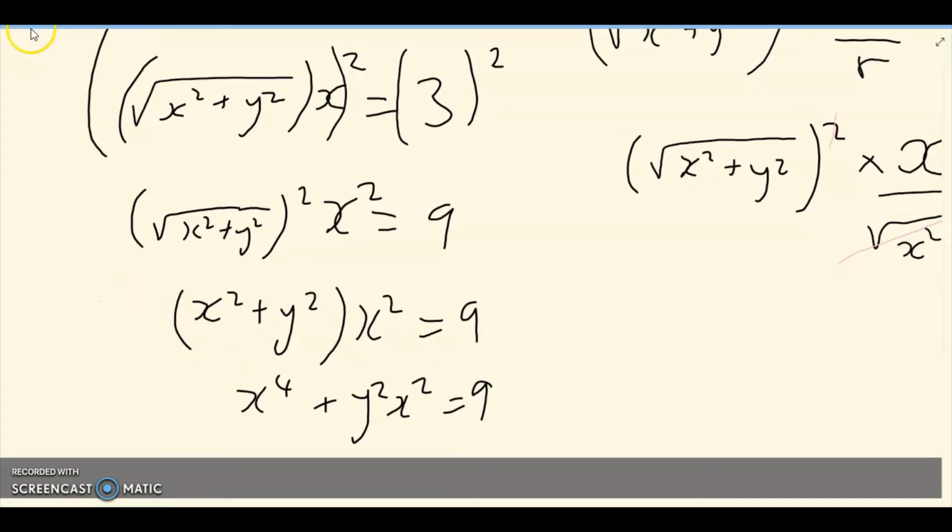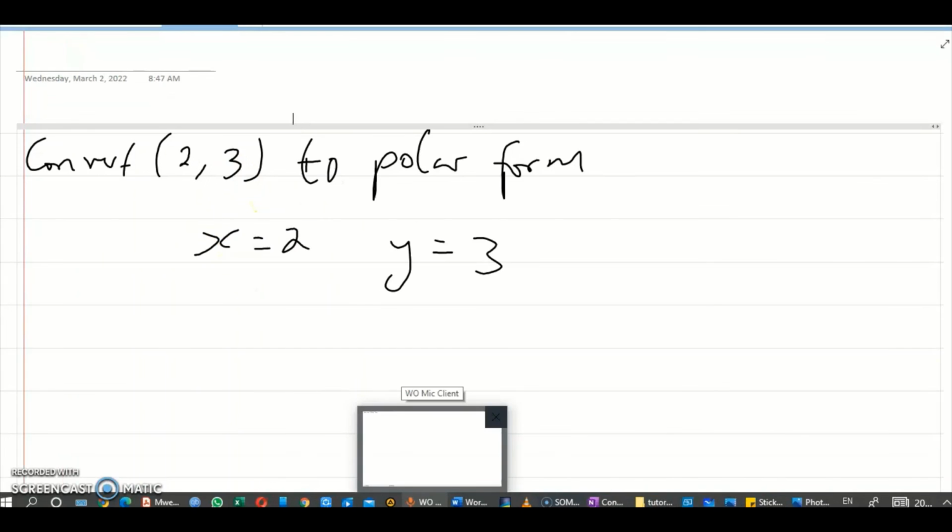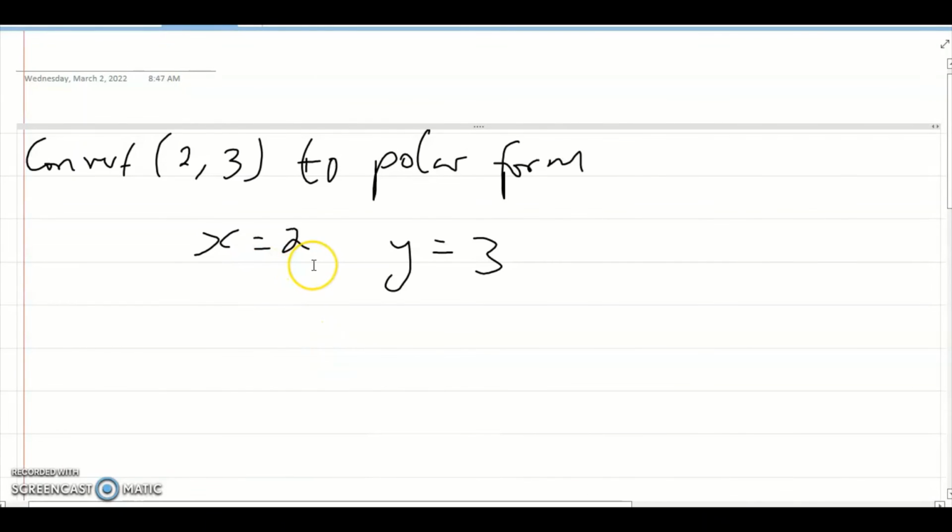Alright, let's look at another example. Say now you're told to convert a point like this one. Convert (2, 3) to polar form. Of course, you know this is your x and this is your y. So we know that x is equal to 2 and y is equal to 3.